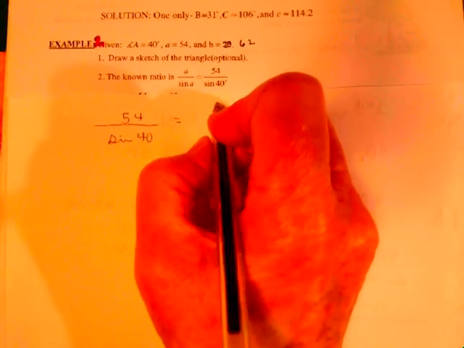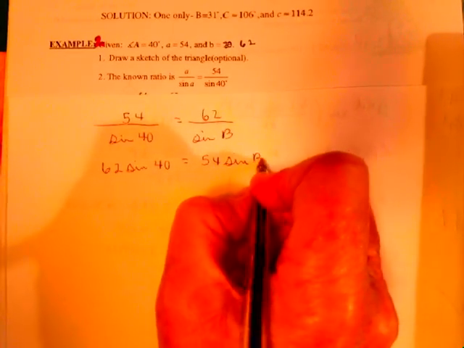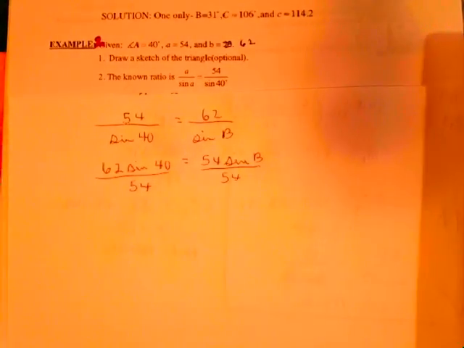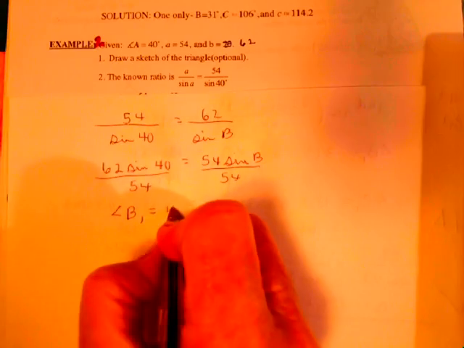We can write this ratio. 54 is to the sine of 40 as 62 is to the sine of B. When we cross multiply, we will have 62 sine of 40 equals 54 sine of B. Divide by 54. Put it in your calculator. Angle B1 equals 48 degrees.